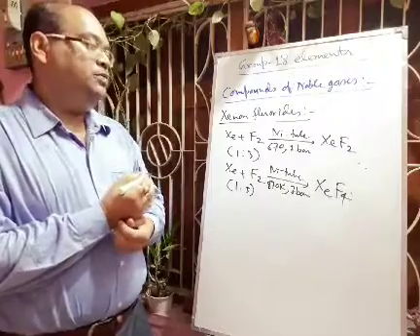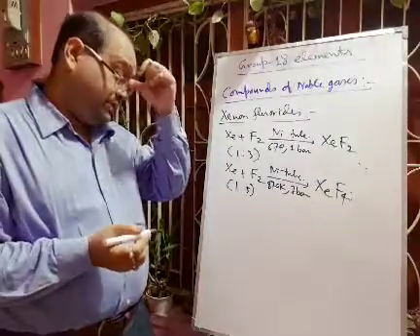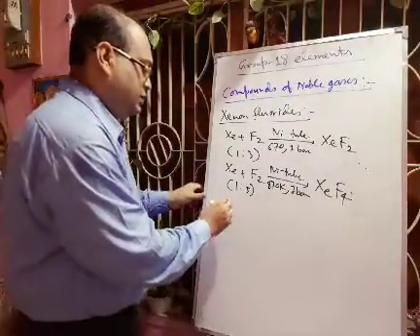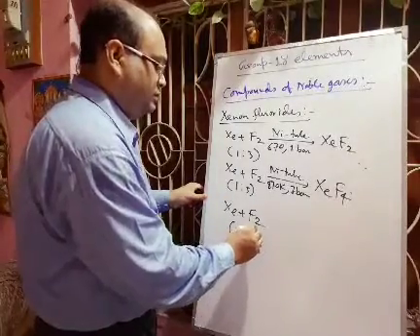Next, to prepare XeF6, you have to increase the percentage of fluorine. Here xenon is reacting with fluorine in the ratio 1:20.